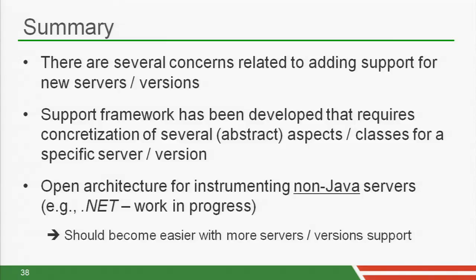And the interesting thing is that we have an open architecture for instrumenting non-Java servers. We have an ongoing effort of instrumenting .NET applications, the same way we instrument Java with aspects and modify them at load time, and report back to Spring Insight.